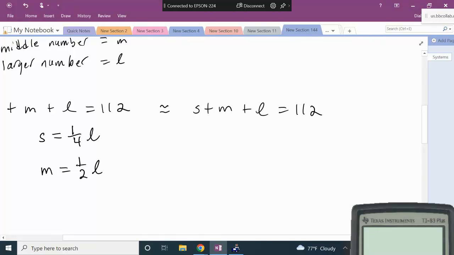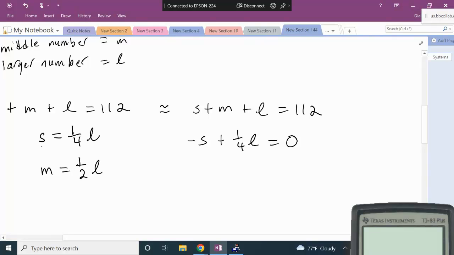So I'm going to have negative S plus 1/4 L is equal to 0.